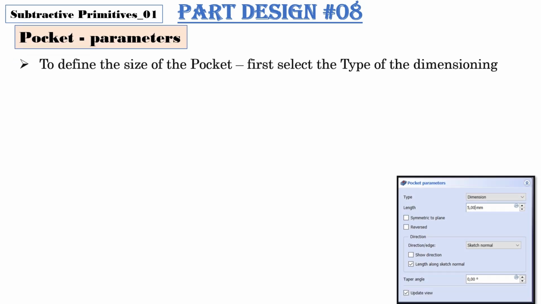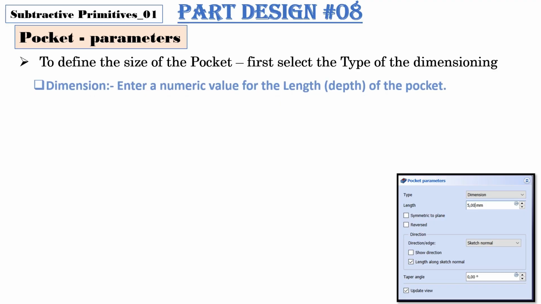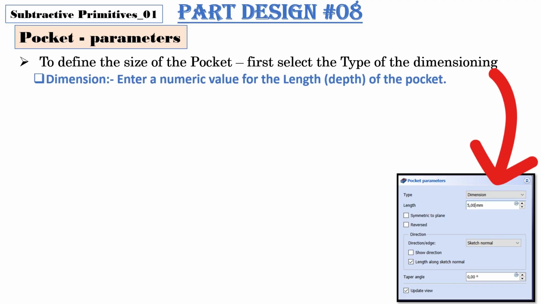To define the size of the pocket, first select or define the type of dimensioning. Here are the definitions of dimensioning types. Dimension: enter a numeric value for the depth of the pocket.